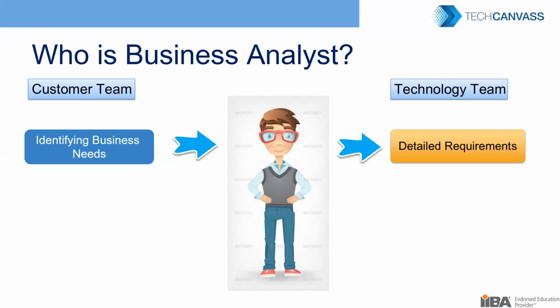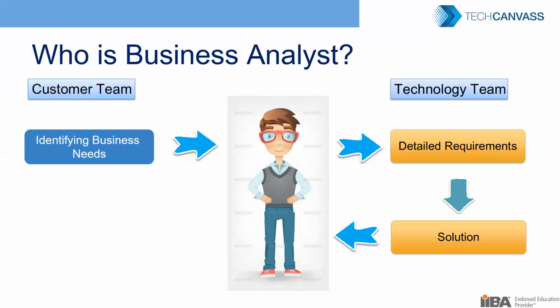So business analysts start by looking at the business needs, understanding it, and translating it to a set of detailed requirements which the technical team can understand and convert into a software solution. Once the development team does that, then it comes back to the business analyst to validate it.